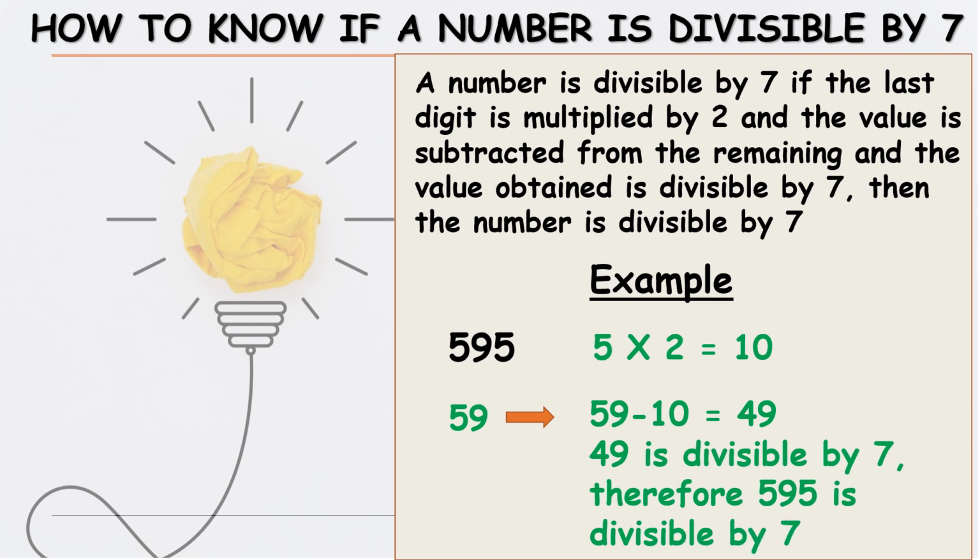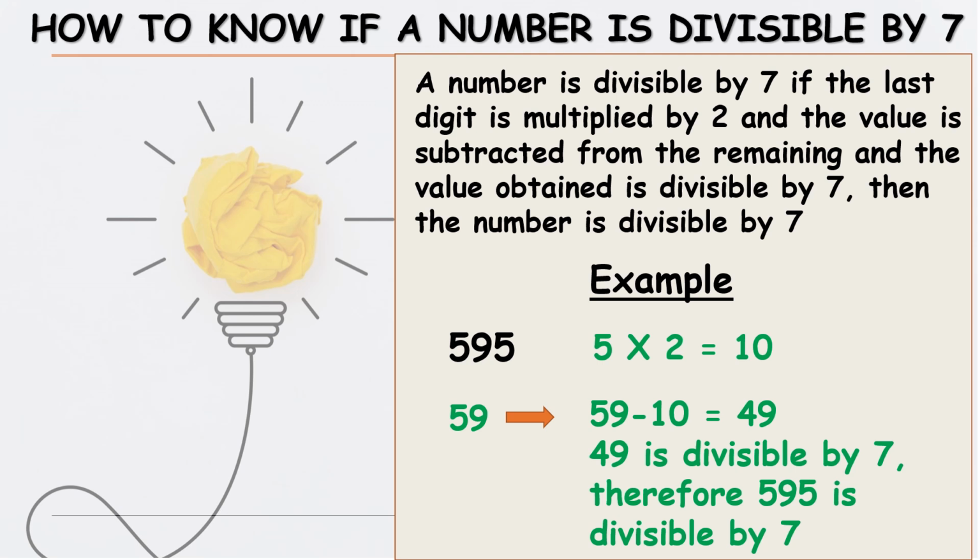Let's just do a quick recap. The number we're looking at is 595. What we said is that you take the last digit, which is the 5, multiply by 2 to get 10. We have 59 as the digits on the left hand side.